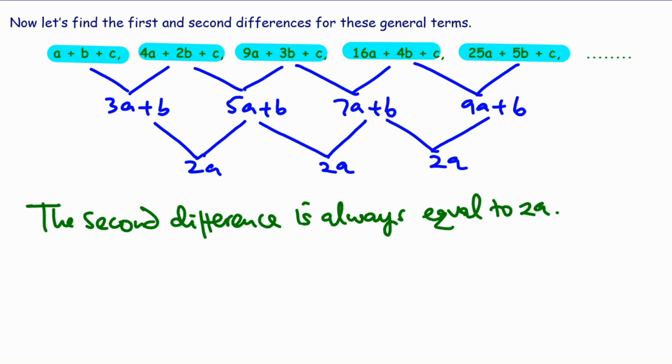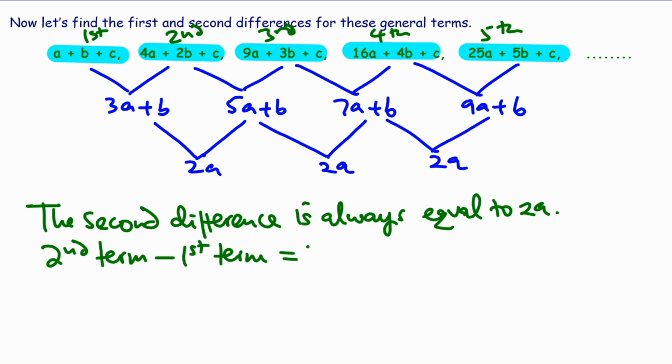The next thing that we can conclude, just by inspection, remember, this is the first term, this is the second term, third term, fourth term, and fifth term, is that the difference between the second term and the first term is equal to 3A plus B. So we can say that the second term minus the first term is equal to 3A plus B, what we have here.